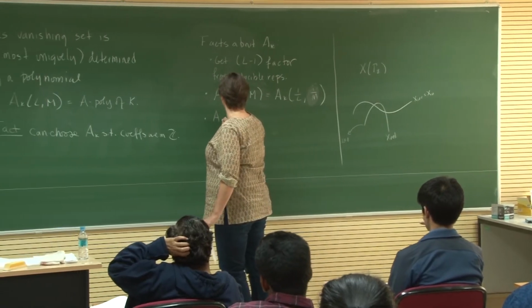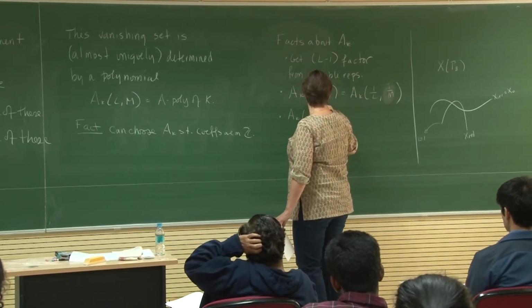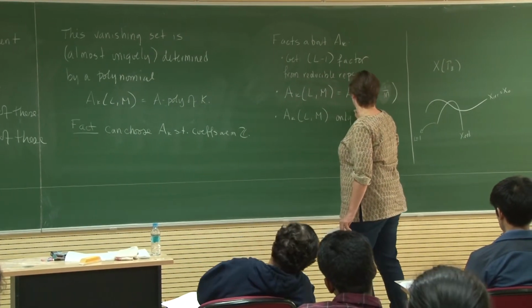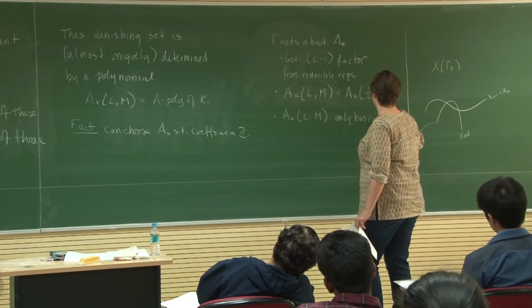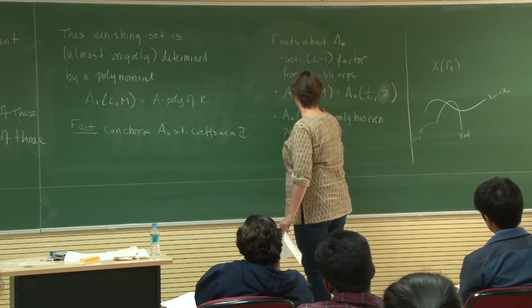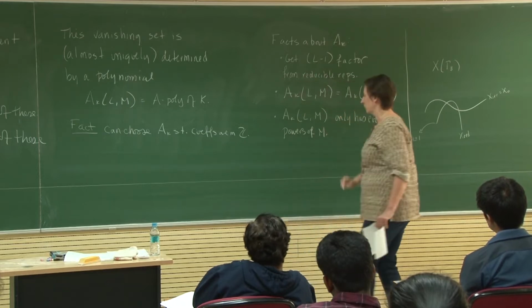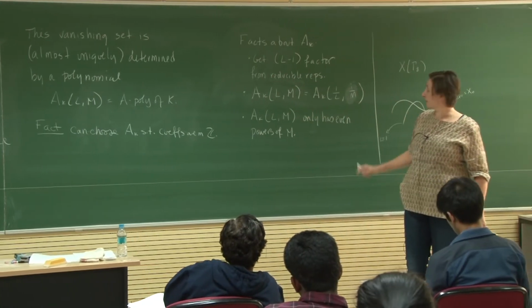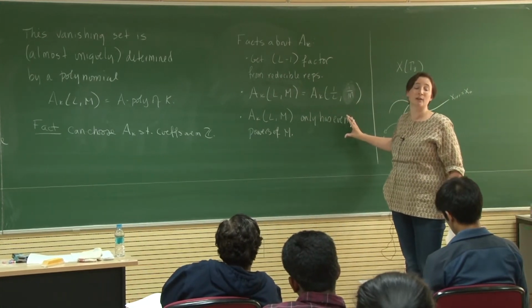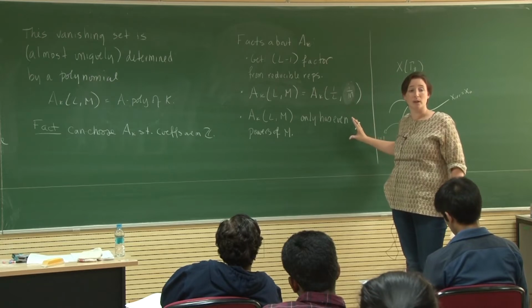So another fact, which I think in the interest of time I won't prove, but there's a cute little proof, is that it's actually a polynomial in L and M squared.